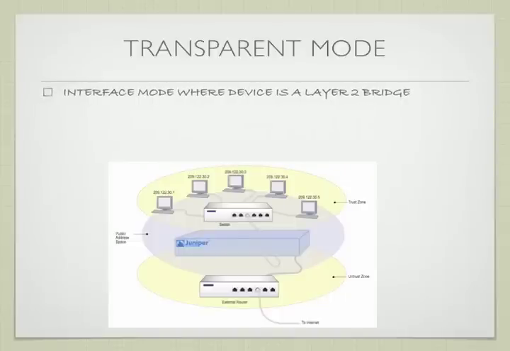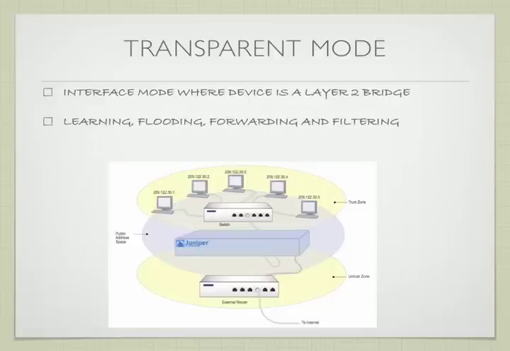So the interface mode in transparent mode, everything is working as a bridge at layer 2, all the interfaces that are in transparent zones. Which means then we're doing our standard layer 2 type operations. We're learning MAC addresses, we're flooding them, we're forwarding them, and we're able to filter based on switching rules.